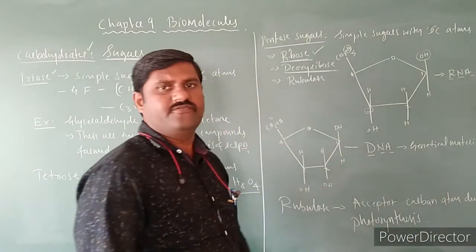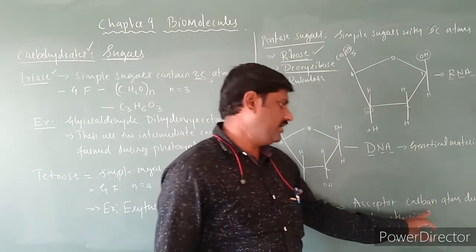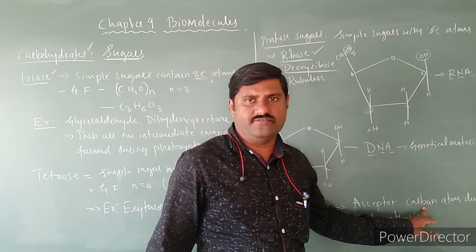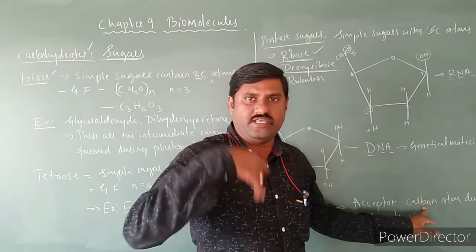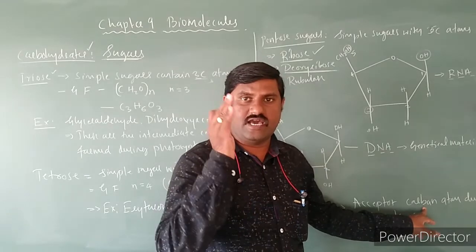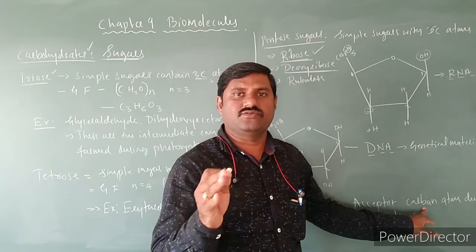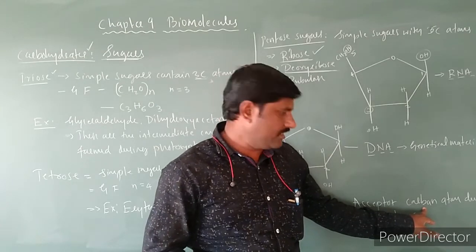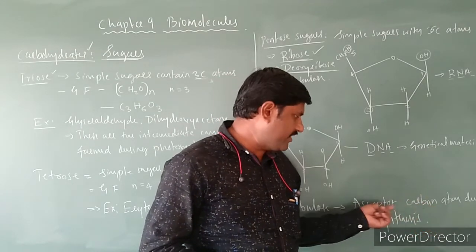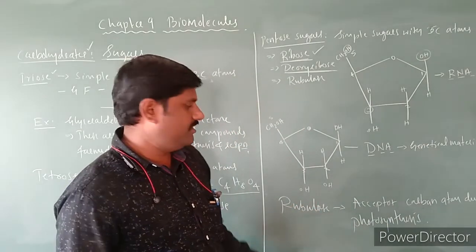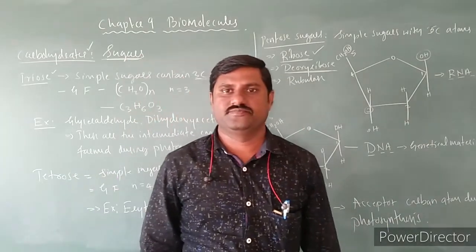See here, during photosynthesis, carbon dioxide is taken in by the leaves of the plants. When it is taken in, that carbon is fixed so as to synthesize sugar, that is glucose, right? That's why the carbon acceptor is a pentose sugar here, right?